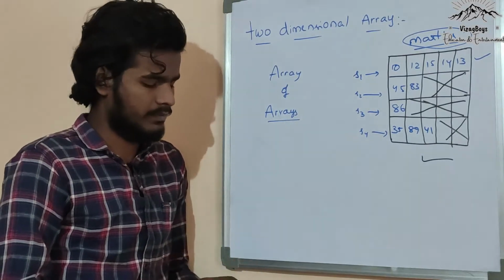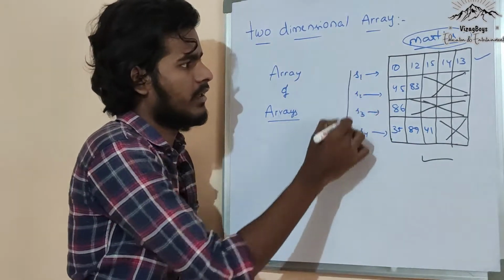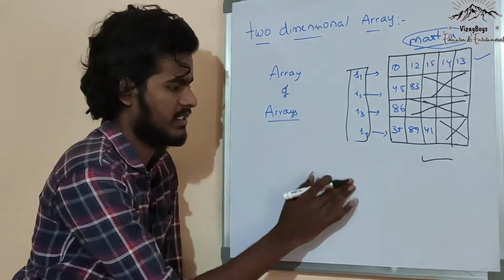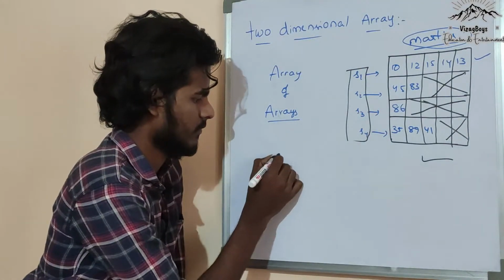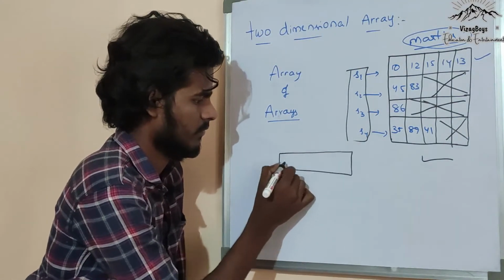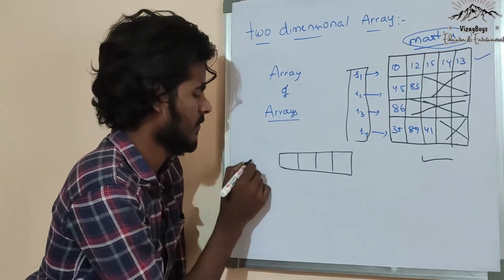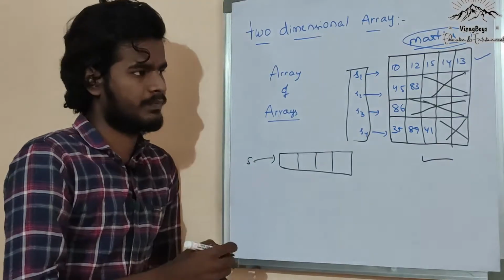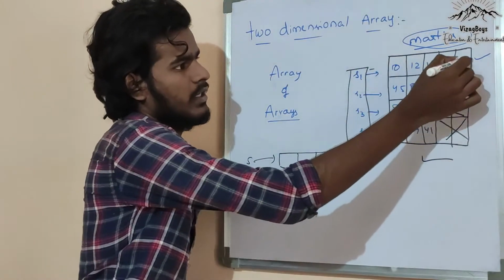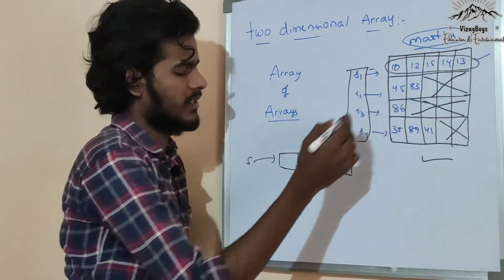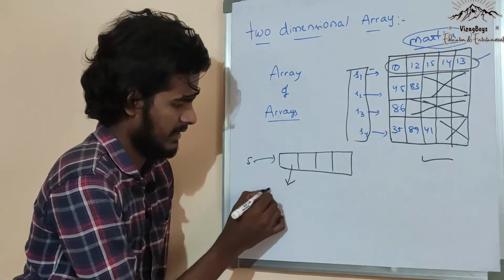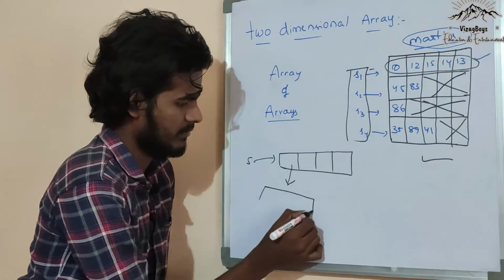Listen carefully. Here I can represent 4 students. S is the reference variable. The first student has 5 subjects; it is the reference to 5 subjects.